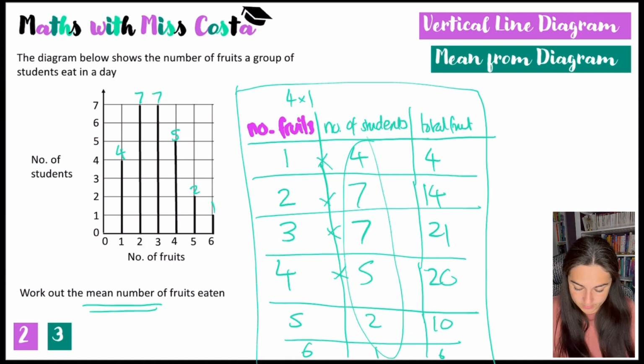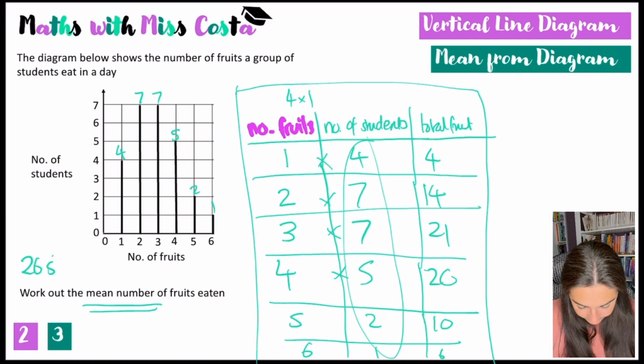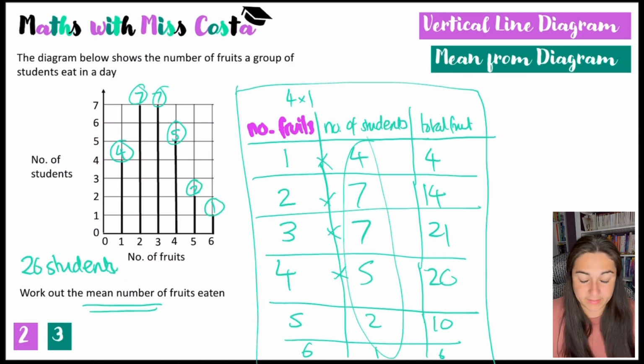So 4 plus 7 plus 7 plus 5 plus 2 plus 1 is 26. So 26 students in total. You could have also worked that out by just adding these, so the lengths of the vertical line chart. So the mean is the total number divided by the amount.